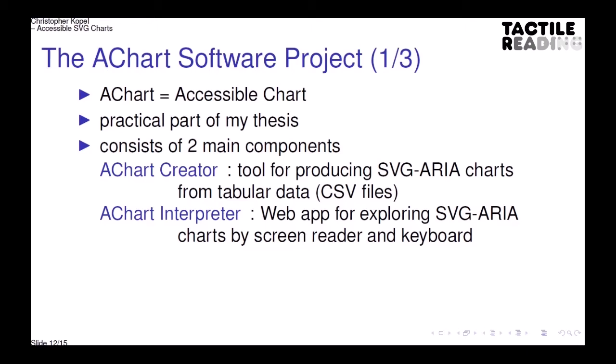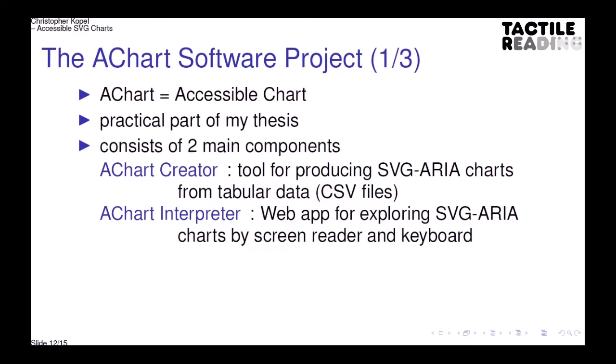The first one is called A-Chart Creator. That's a command line tool for generating SVG charts with the ARIA markup just discussed from tabular data, that is from CSV files. And the second one is A-Chart Interpreter. That's a web application which can be used to open an SVG chart with the discussed ARIA markup.